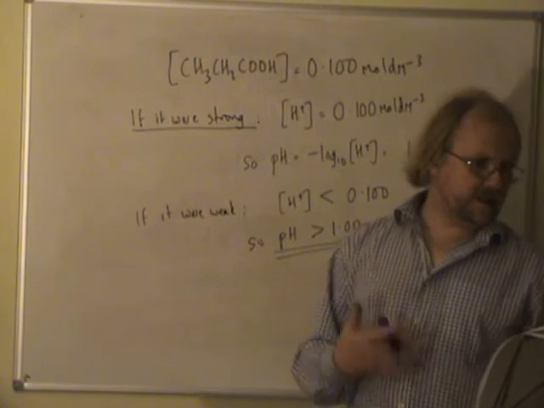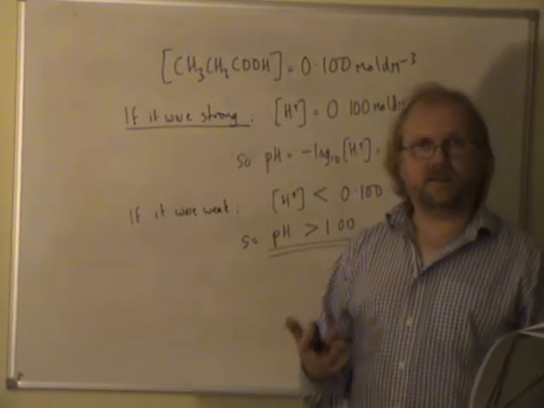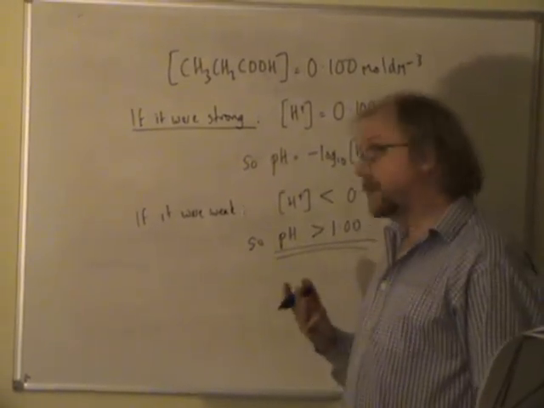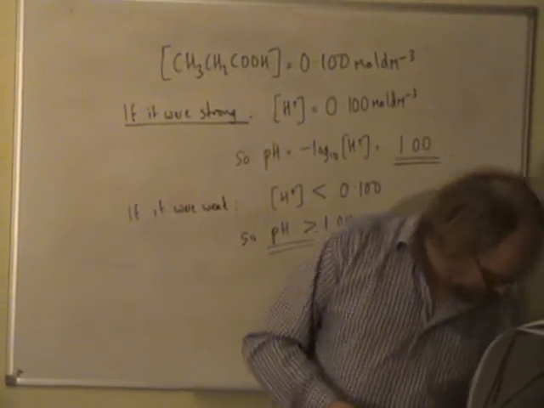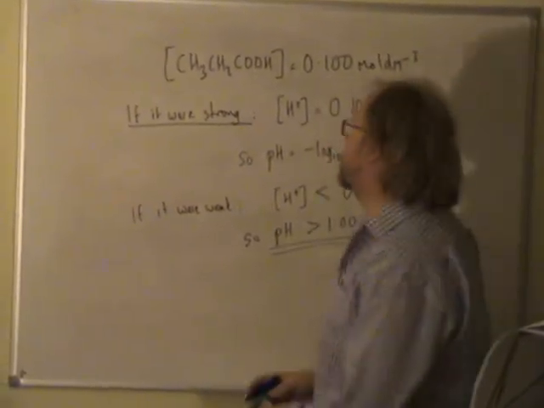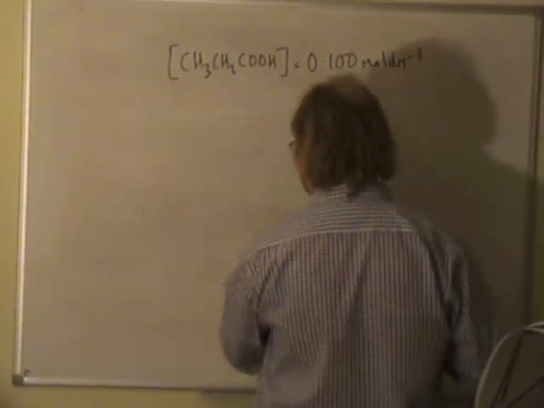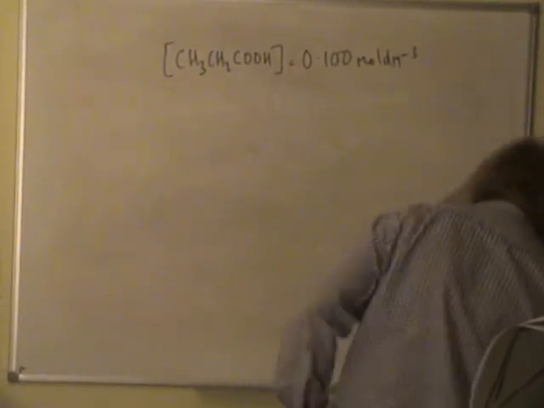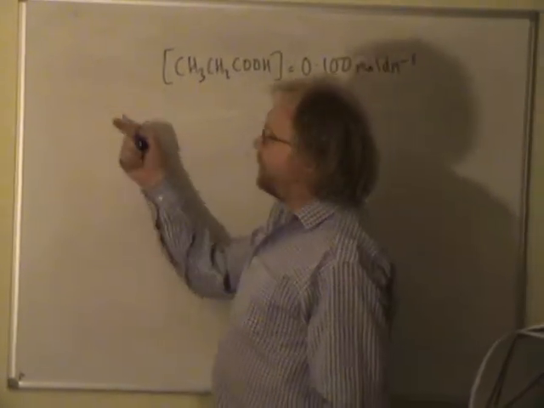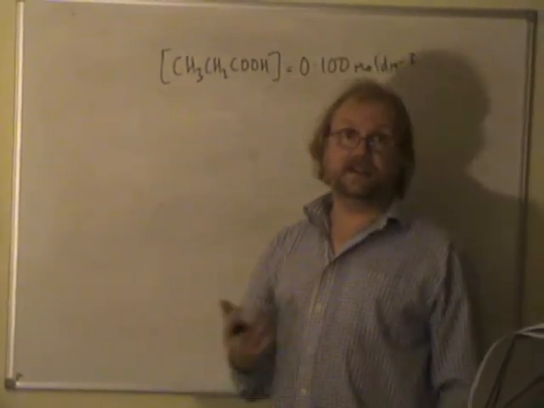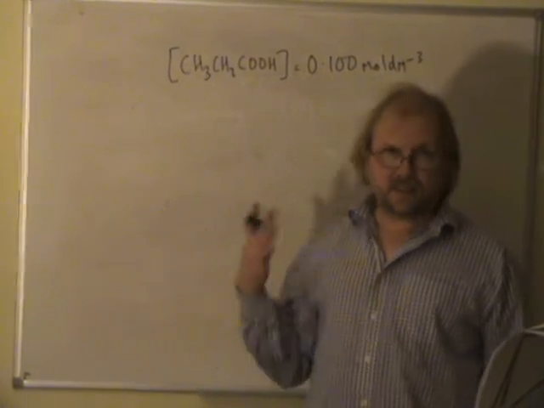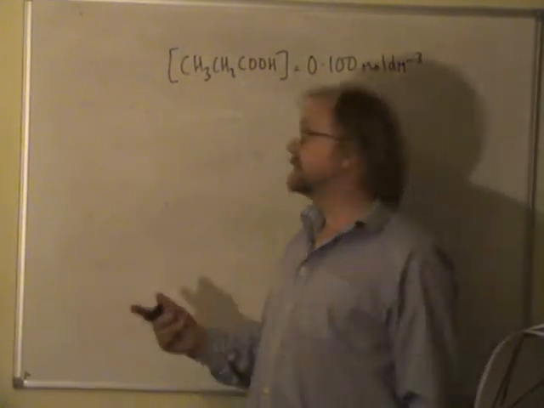The next step is to show how you would actually calculate the value of Ka for that weak acid. Ka is a hugely important number in weak acid chemistry. So the first thing to do is to write down its definition. They've given you the equation for the ionization, and Ka is just the equilibrium constant for that ionization.